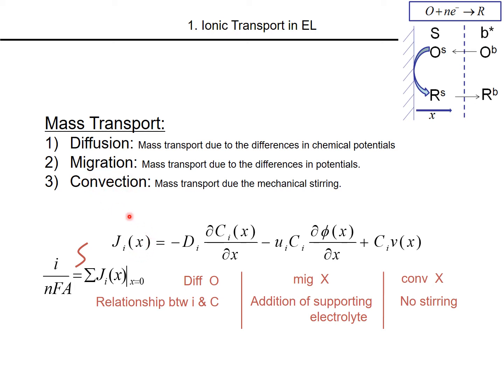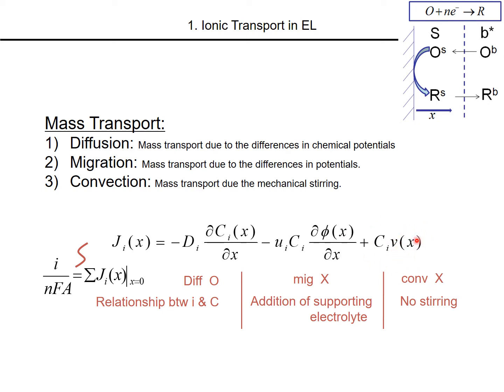So the mole flux is determined by diffusion, the driving force of which is the concentration gradient, and migration, the driving force of which is the potential gradient, and convection caused by some velocity.